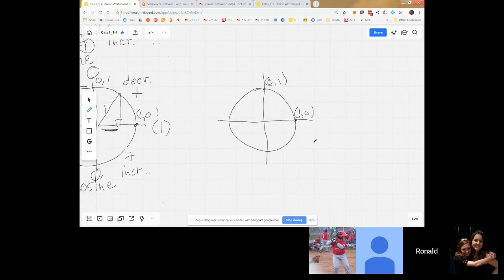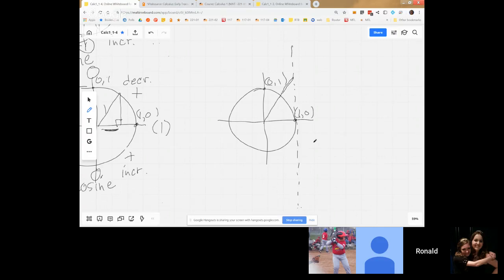So now what we need to do is think about, in geometry, what's a tangent? It is a line that just barely touches a circle at one point. So if that's our tangent line, then when we draw an angle, we need to extend it until it hits that.